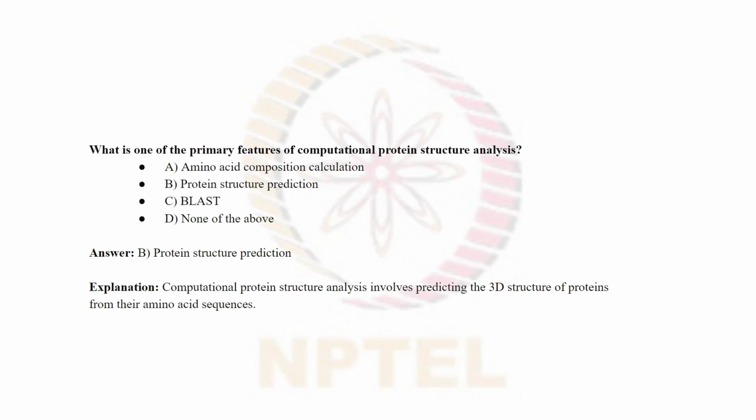Amino acid composition is again a sequence-based feature. BLAST, the Basic Local Alignment Search Tool, is again a sequence-based similarity or homologous sequence finding tool. So the answer is protein structure prediction.